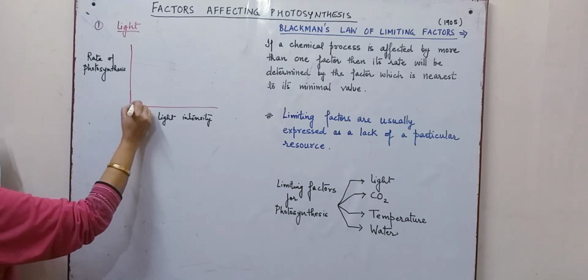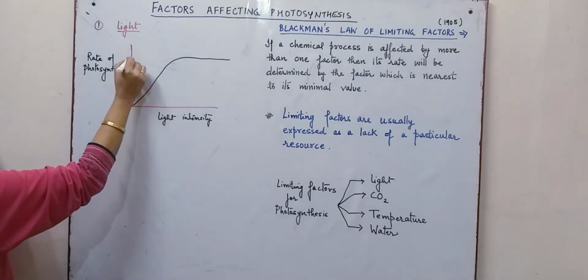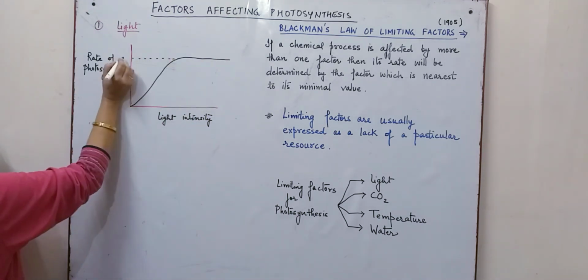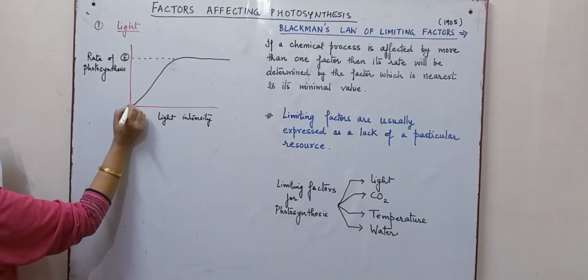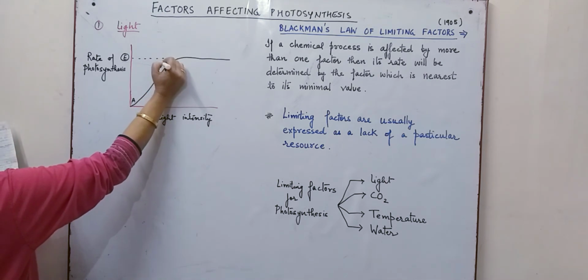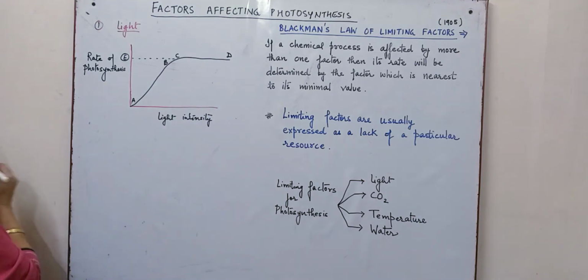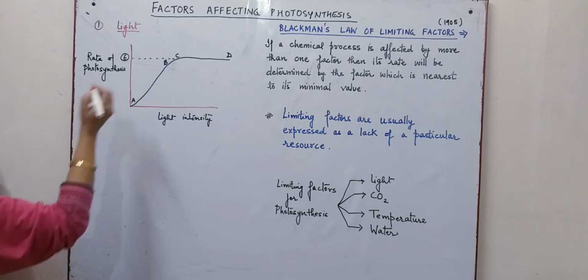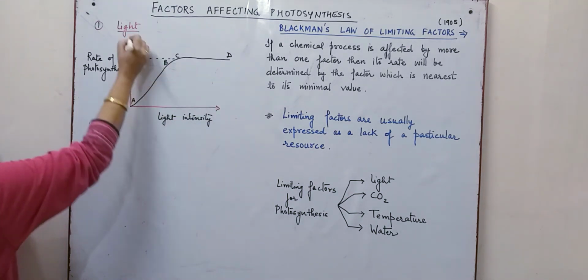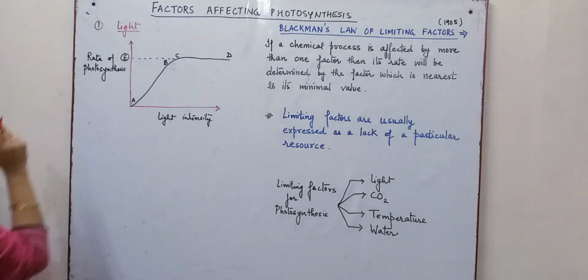Let us plot a graph. Now let us analyze this graph. We have light intensity on the x-axis and the rate of photosynthesis on the y-axis.